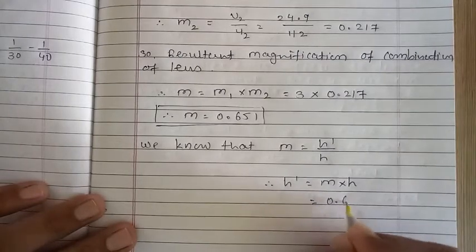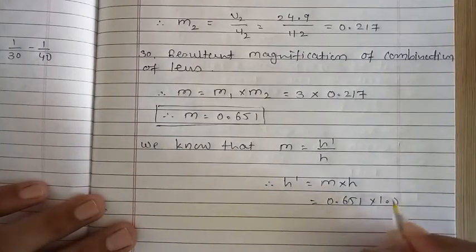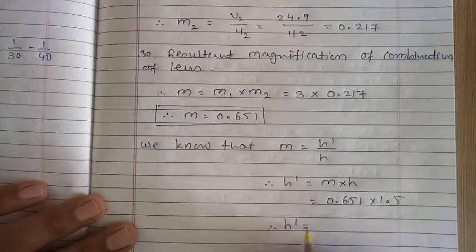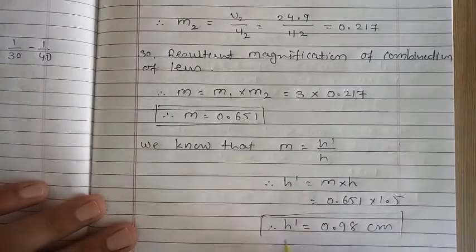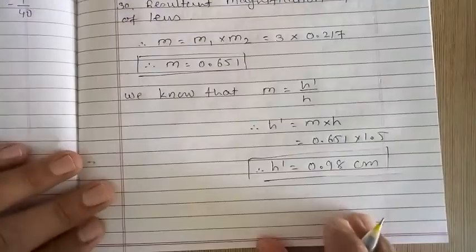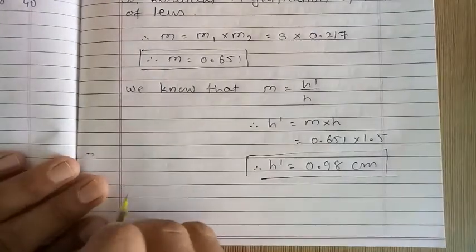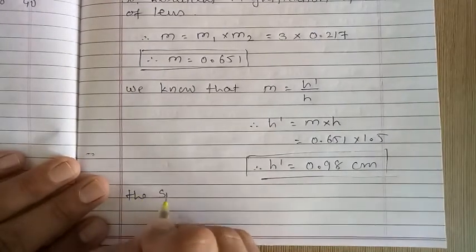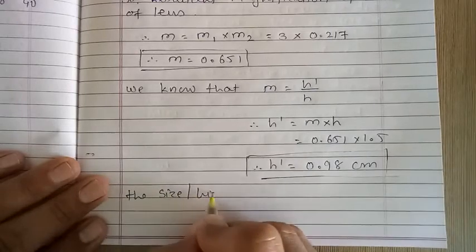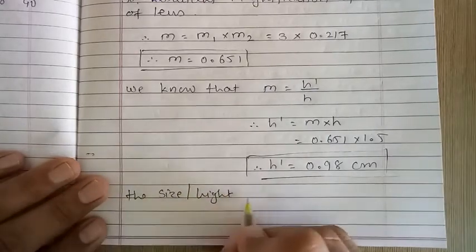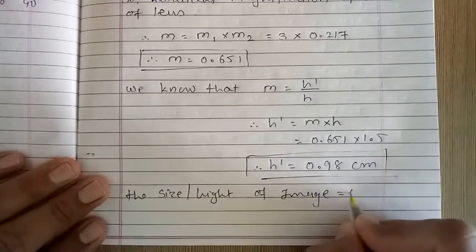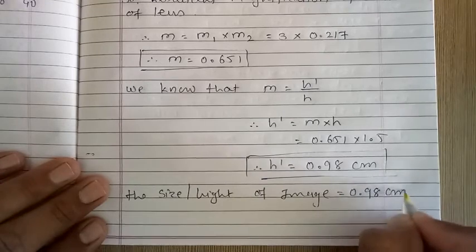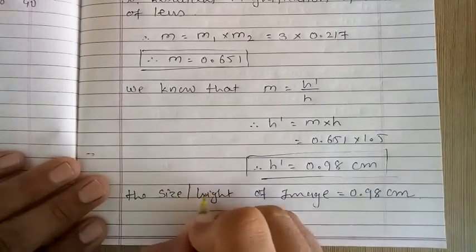So m 0.651 into the height of the object 1.5. So we get h dash is equal to 0.98 centimeter. So we can say that the size or height of the image is equal to 0.98 centimeter, right?